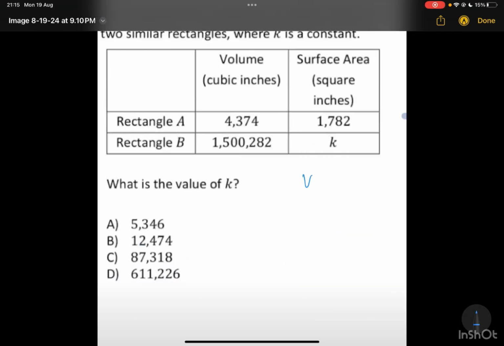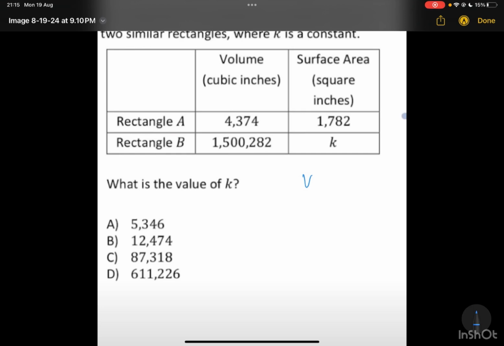Okay, let's move on with another volume and surface area question. The table gives the volume and surface area of two similar rectangular prisms, where k is a constant. We have rectangle A and rectangle B with volume and surface area.